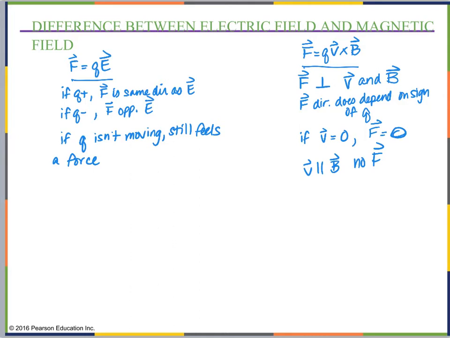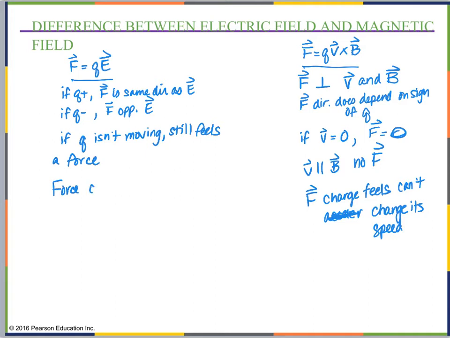Later on, we'll learn that the force that the charge feels when the charge is in a magnetic field can't change its speed. Sorry. It can't make it go faster, whereas this force can change the speed.